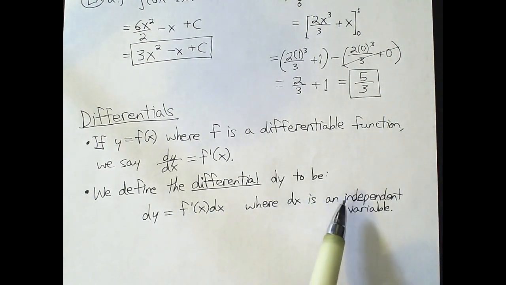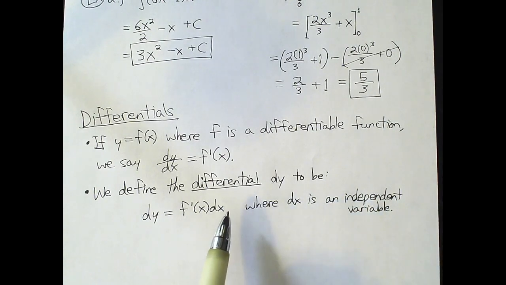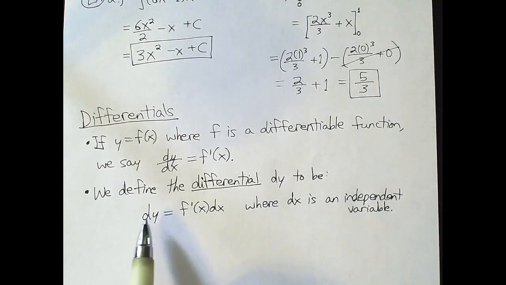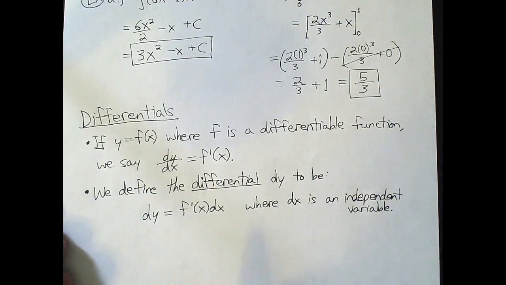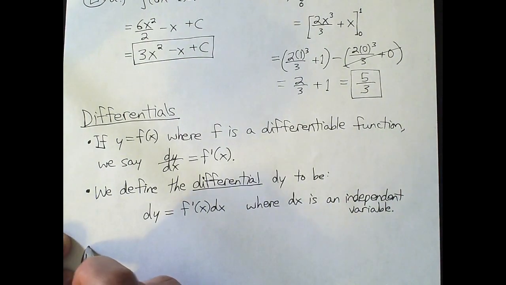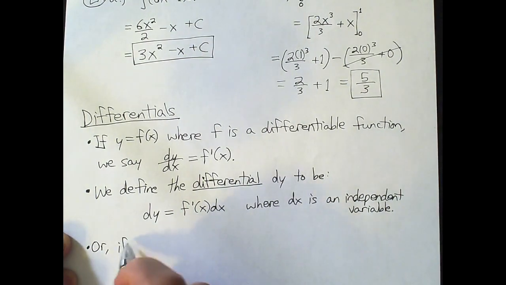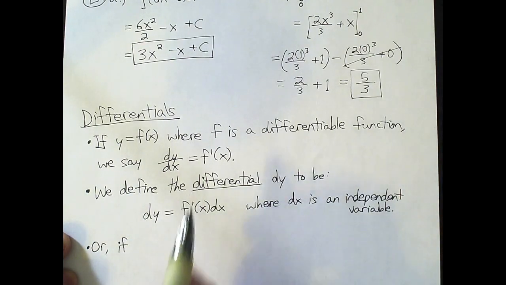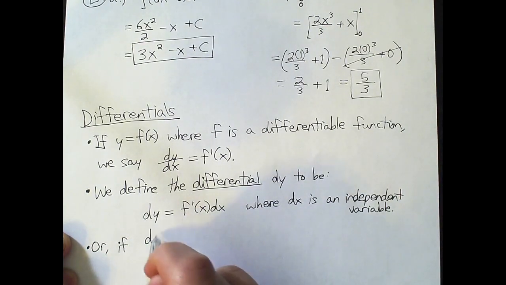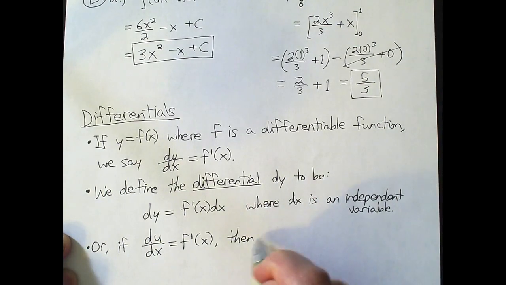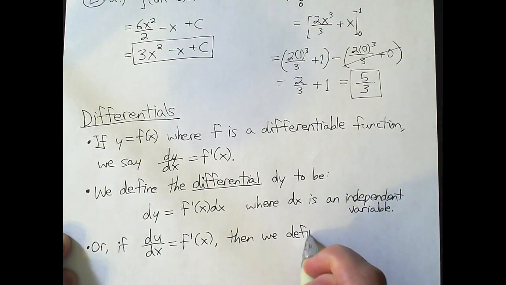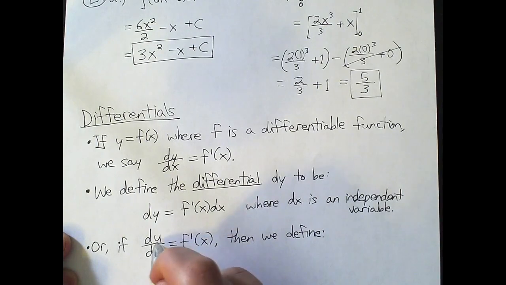When we say dx is an independent variable, we mean that dy depends on the right-hand side. Or, instead of what we just did, if we had du over dx equal to f prime of x, this is just a u instead of a y.